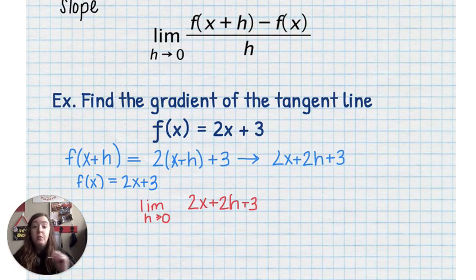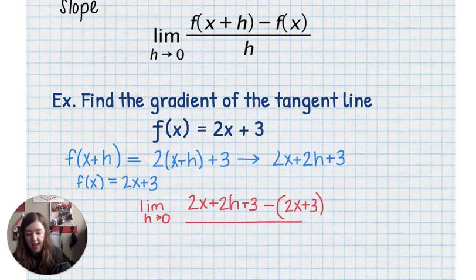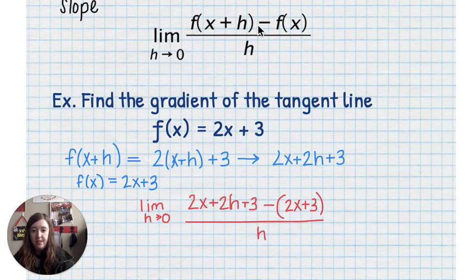And then we need to subtract f of x, so minus, and then I would really encourage you to put parentheses around f of x, 2x plus 3. And then all of that is going to go over h. So I put in f of x plus h right here, minus my f of x, all over h.